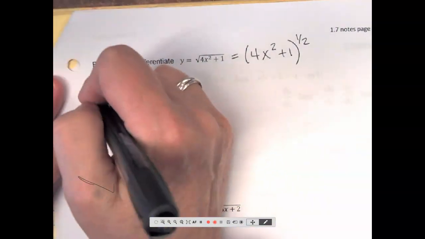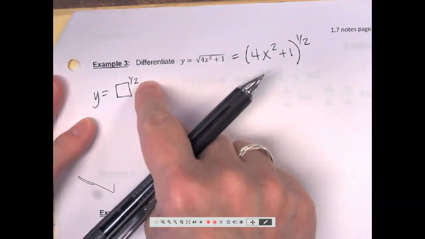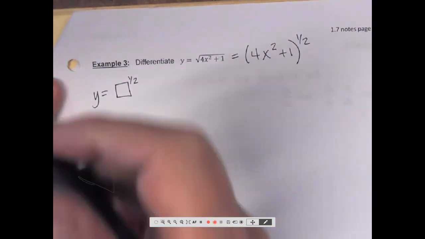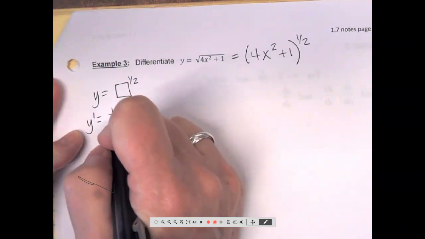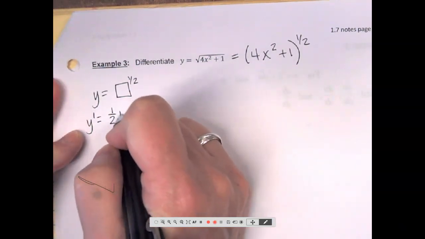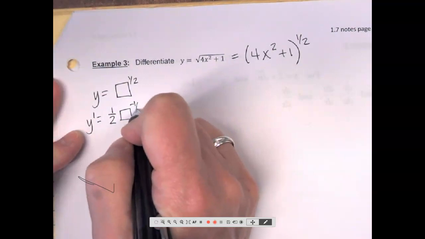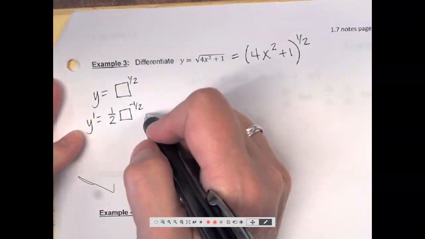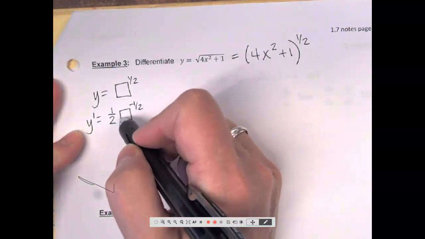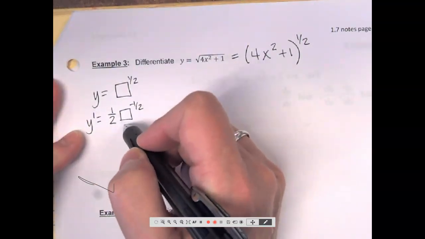Okay, so if my equation was something raised to the 1/2, how would I take that derivative? I would bring 1/2 down times that thing to the negative 1/2, correct? But then with chain rule, I'm going to also have to take the derivative of this thing.